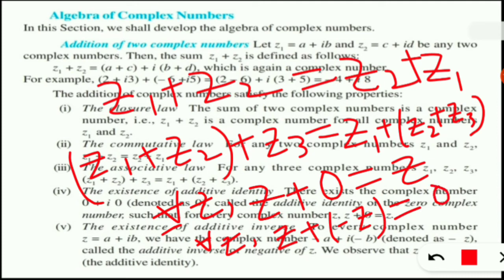So 0 is the additive identity and minus z is the additive inverse of z. Clear? So closure law, the commutative property, the associative property, the existence of additive identity, and last one is the existence of additive inverse of complex numbers. Okay, everything is clear.